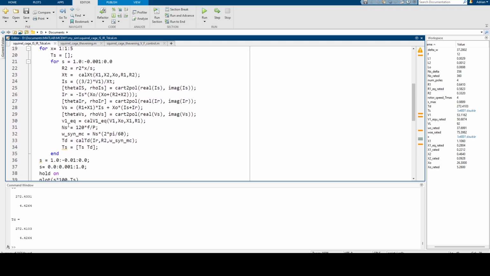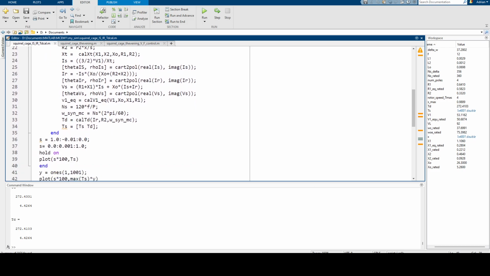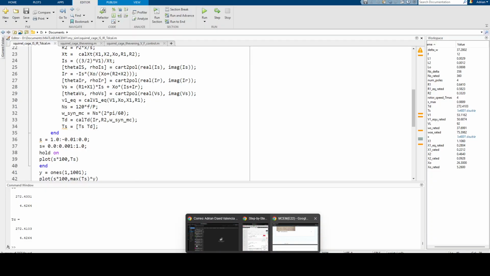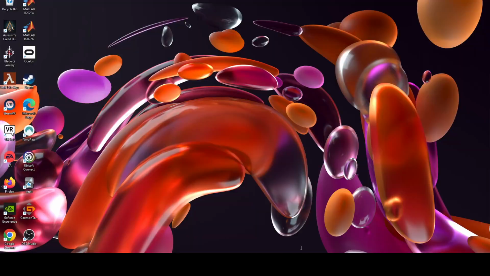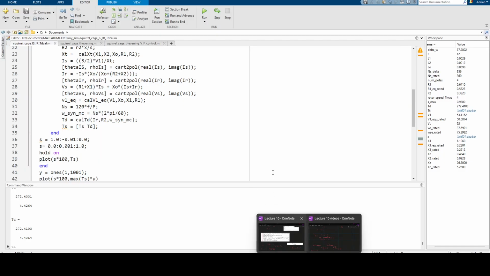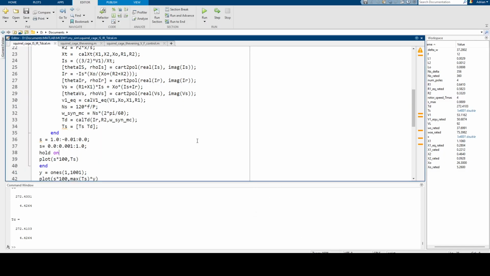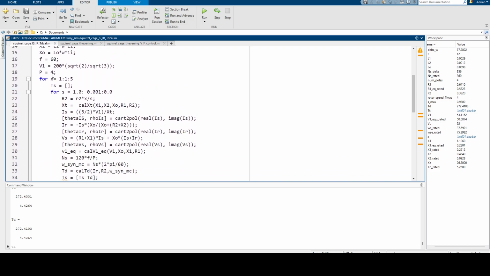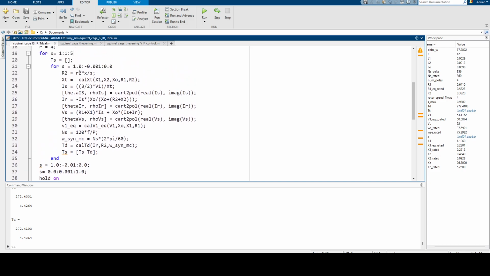And here I have two for loops, because in another exercise I thought that it was this one. One is x going from 1 to 5, and one is the slip going from 1 to 0.